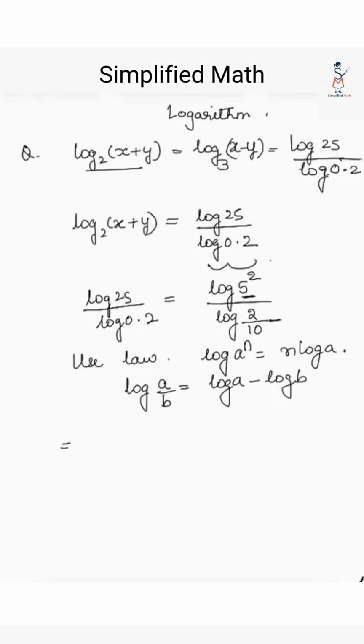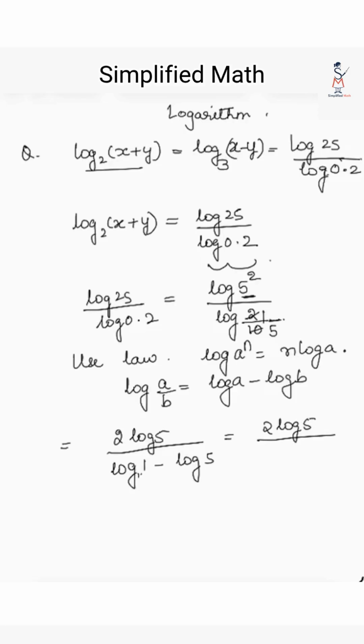So this can be written as 2 log 5 by log, first we will cancel this, log 1 by 5, it will become 2 by 10. So log 1 minus log 5. So this will become 2 log 5, and log 1, if there is no base, the base is 10, and log 1 to the base 10 is 0.